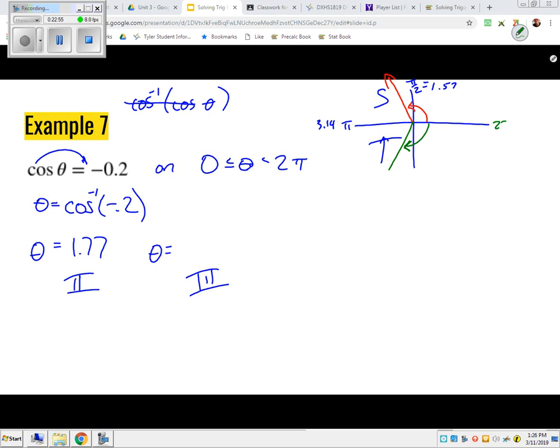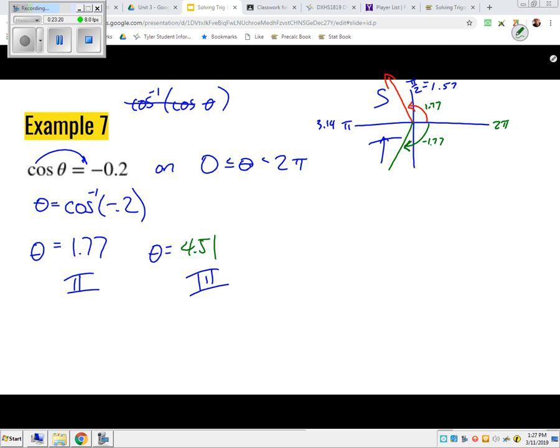Let's just do 2 pi minus 1.77, and it will put it in that third quadrant. Notice I'm doing stuff off the x-axis, never the y. I'm just doing reference angles, except my reference angles are bigger than 90 degrees now. 4.54.